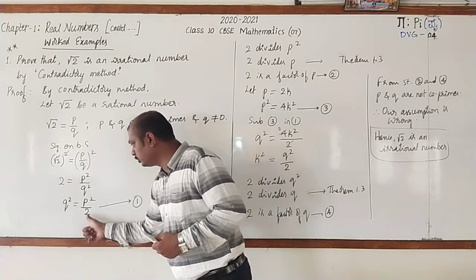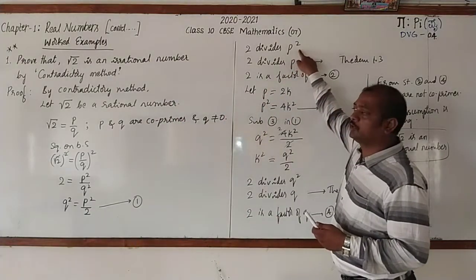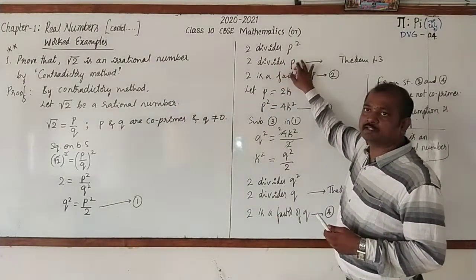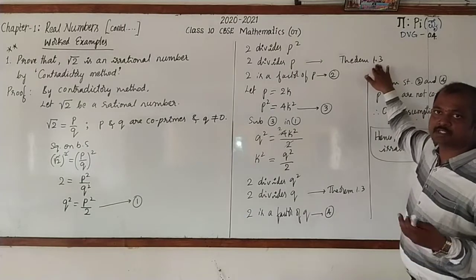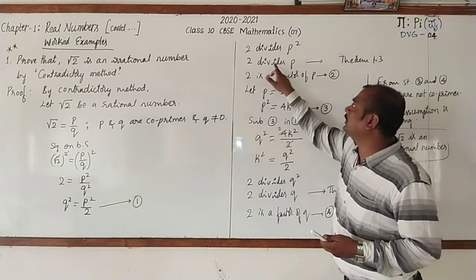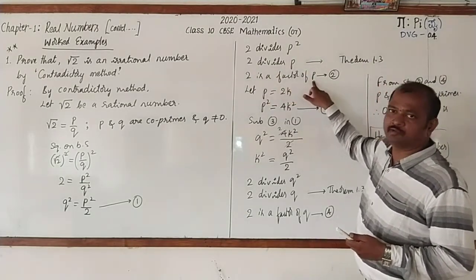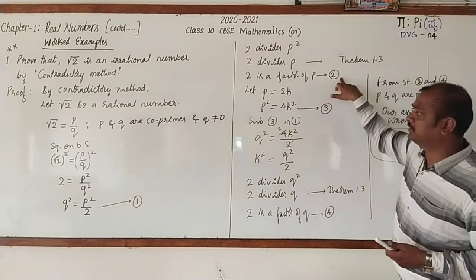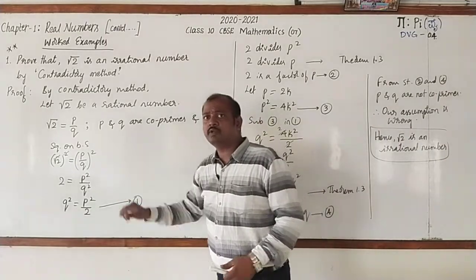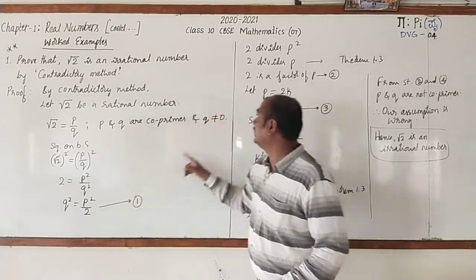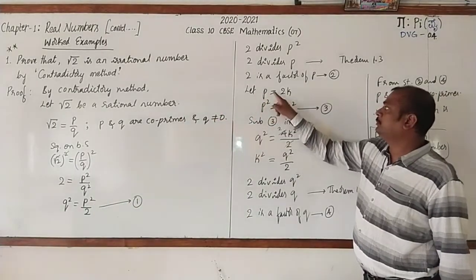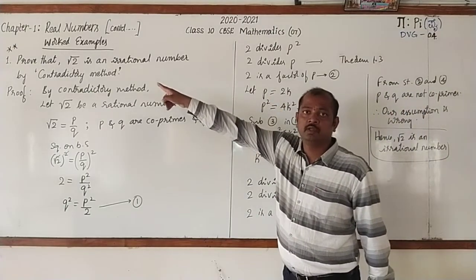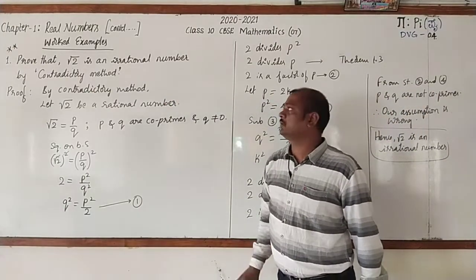It means 2 divides p square, then 2 also divides p. It is according to the theorem we have just proved. If 2 divides p, then 2 is a factor of p. I called it the second statement. Then we want a factor of q, hence let us take substitution for p. P equal to 2k because we are proving root 2 is irrational.